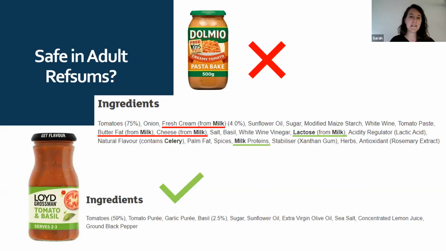Because it contains the milk, the cream, the cheese, and the butter fat, that one would need to be avoided. The one at the bottom contains tomatoes, tomato puree, garlic, basil, salt, and vegetable oils that are safe to have. So that product ticks all the ingredients as being safe to have in adult Refsum's.